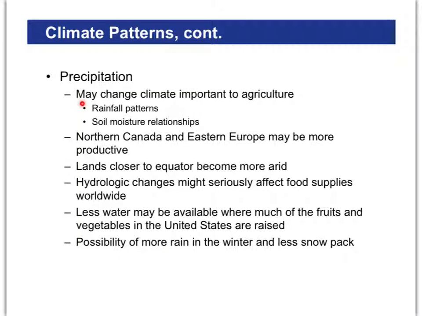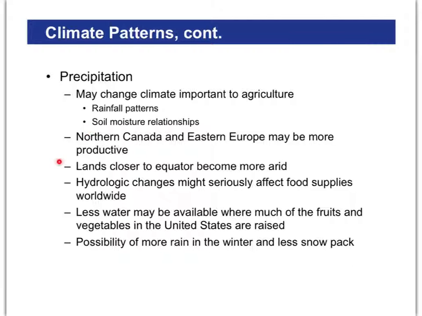Like I mentioned, El Nino, which is kind of a small-scale, periodic climate change, really causes extra rain where we don't normally have it and extra droughts where we don't normally have it. If that happens permanently, then there will be areas in the world that are just no longer productive for agriculture. Good news is northern Canada and Eastern Europe may be more productive than normal because they would get more rain, because they're at higher latitudes, less affected by the sun.